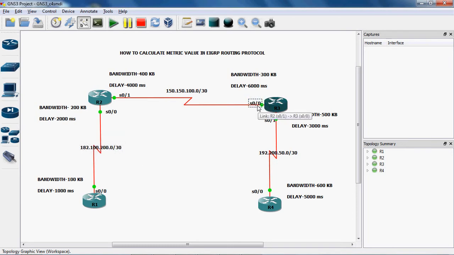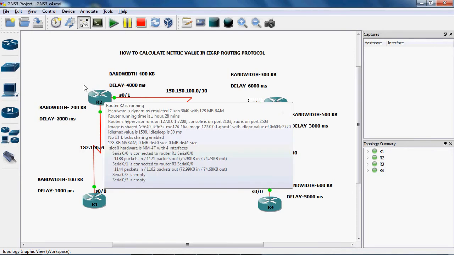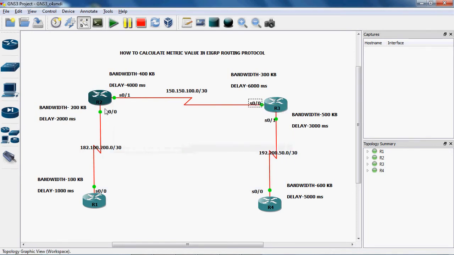Through serial 0/0 it is connected to R2. Next, R2 through serial 0/0 is connected to R1. So through this port only we can reach this network. We add this bandwidth and delay and this bandwidth and delay. First, to calculate the advertised distance, we leave out this bandwidth and delay and just use this one.